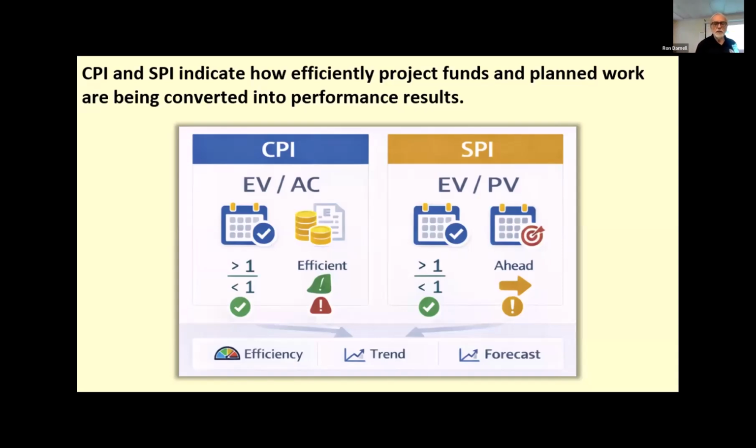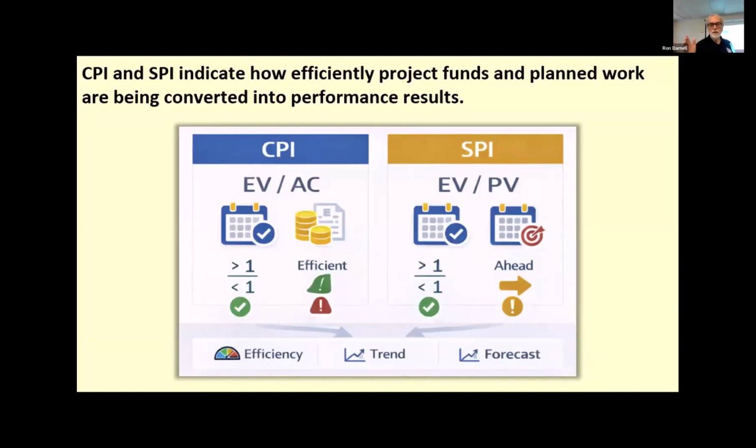On the other side, Schedule Performance Index, or SPI, is calculated by dividing the earned value by planned value. This shows how efficiently the project is progressing against the plan, the schedule. An SPI greater than 1 indicates the project is progressing faster than planned, while an SPI less than 1 indicates slower than planned.